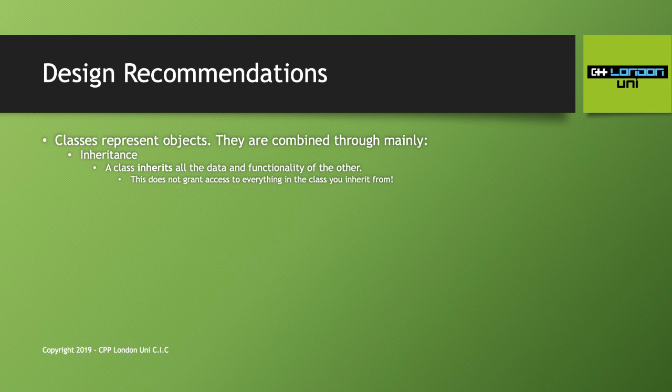That is the decision of the inheritee. So the class you inherit from dictates what you are allowed to see and what you are not allowed to see. But in terms of your overall size, so imagine your memory footprint, your class will be at least as big as the class you inherit from. And of course, if you add any additional data, it will be bigger by that much as well.